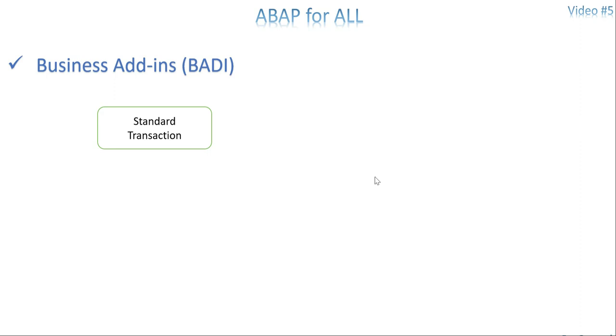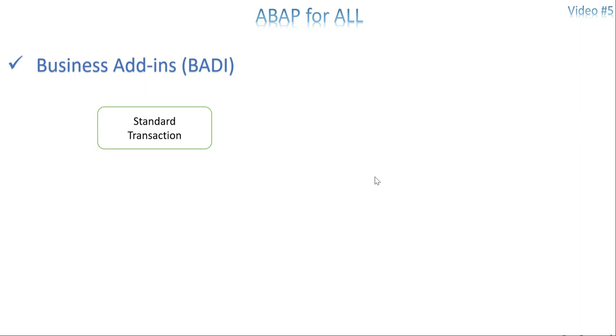So I can say these are the evolution of the enhancements: they start with user exit, customer exit, and BADI. The same way we have SAP script, smart forms, and Adobe. Over a period of time, they just changed the logic or concept of a particular methodology. So the same way now we are in BADI, it's coming under enhancements.